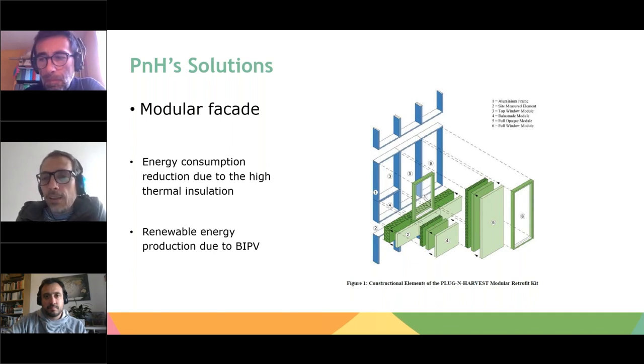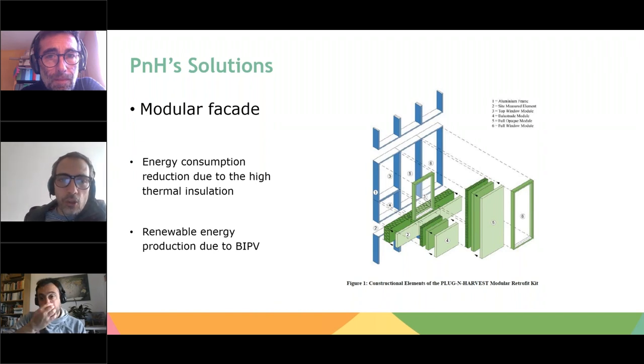Using weather parameters and an algorithm, it rules the energy, the boiler, the air conditioning, the mechanical ventilation unit. So the people living in these houses, just by installing the facade, could have not just better insulation and renewable energy production, but also better management of the systems inside the house. So this was the main product to develop.